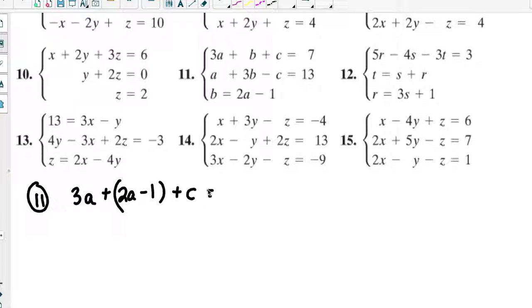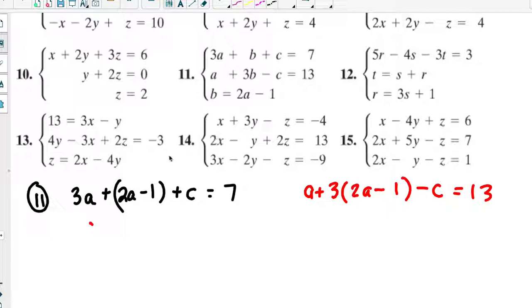And then putting this into the second equation, I'm going to write that over here: a plus 3 times (2a minus 1) minus c equals 13.